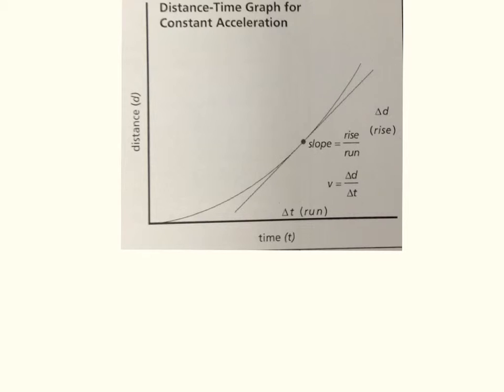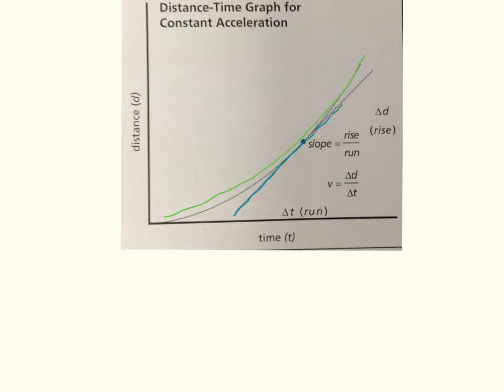When we were looking at objects with a constant velocity, we said you could find the slope of the data line on the position time graph to figure out what the actual velocity was. With objects that are speeding up and slowing down, since the line is curved, we can't find the slope of the entire line, any 2 points on the graph. What we need to look at is the slope of what's called a tangent line.